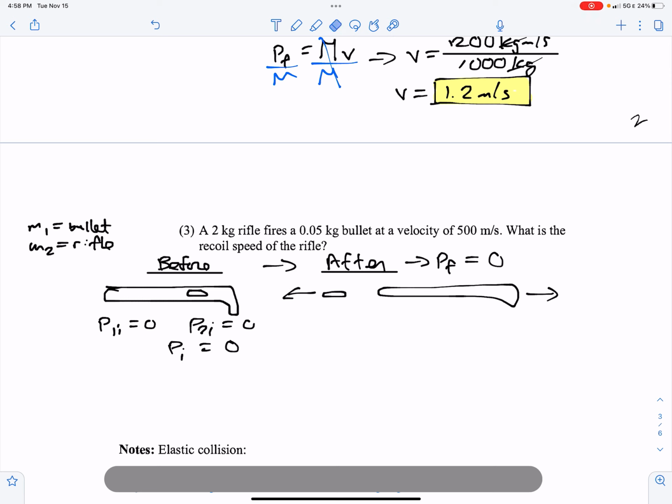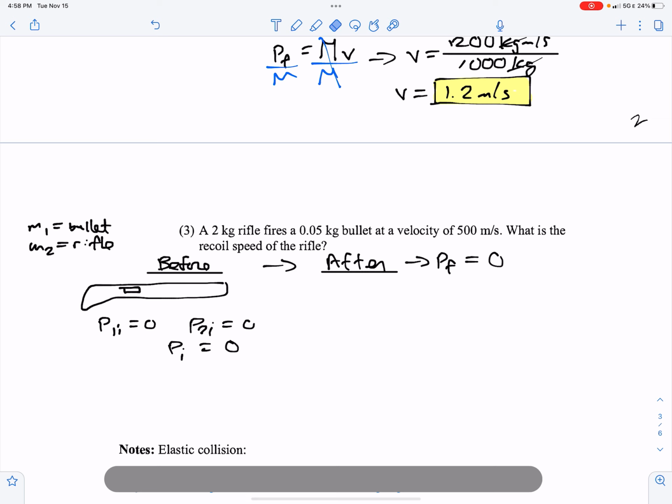And actually, let me, I'm going to draw this the other way. There we go. Sorry about that. Okay, so the gun, the rifle, is going to recoil backwards. Okay, and we're looking for that. That's the unknown. It's the recoil speed of the rifle.